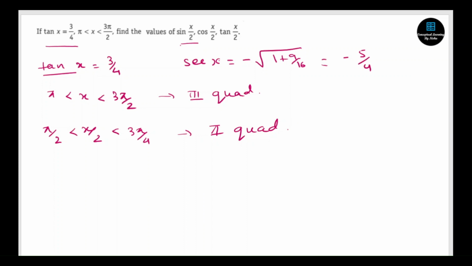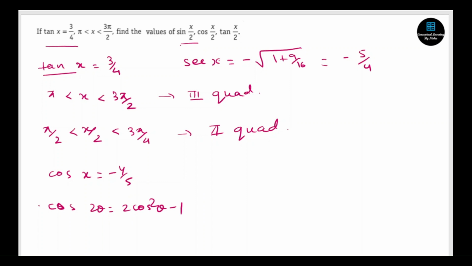After that I can find the value of cos x. So cos x is equal to minus 4 over 5. Now to find these values, I can use this: cos 2 theta equals 2 cos square theta minus 1.